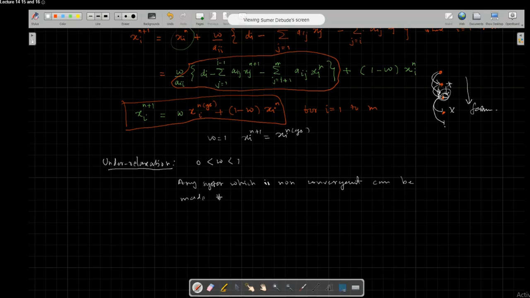It also means that it removes oscillations present in the simulation, or present in the system. The system may itself have oscillations, and this can remove them.